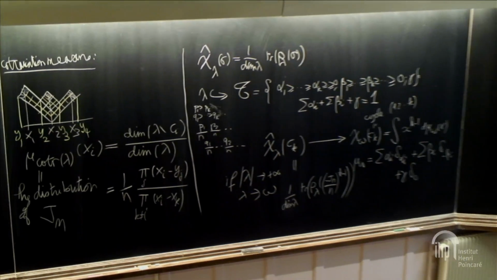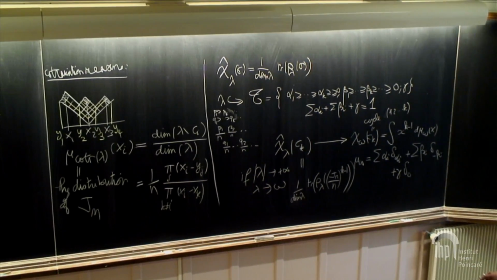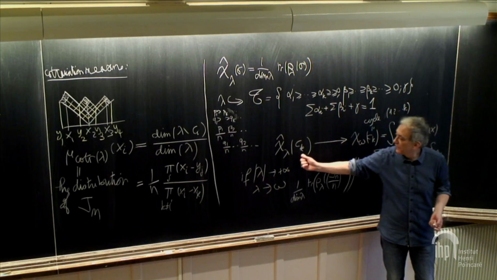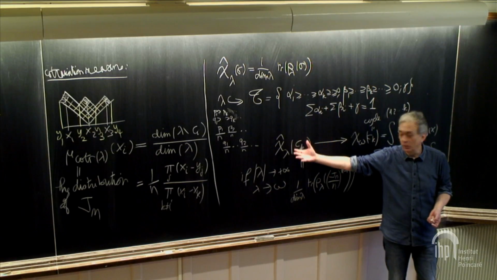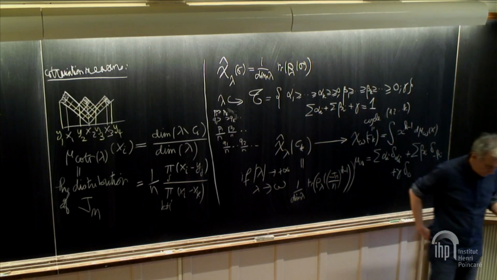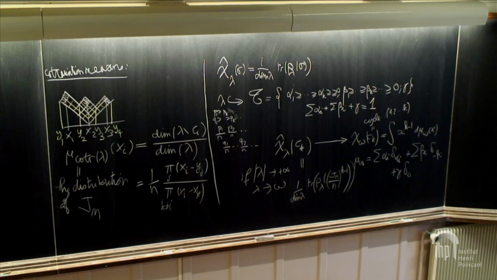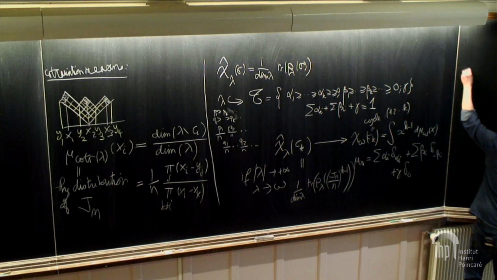Okay? So now we are going to see that actually not only can we find the limit of the CKs, but we can also find the limit of all the characters for all permutations. So we will see that.